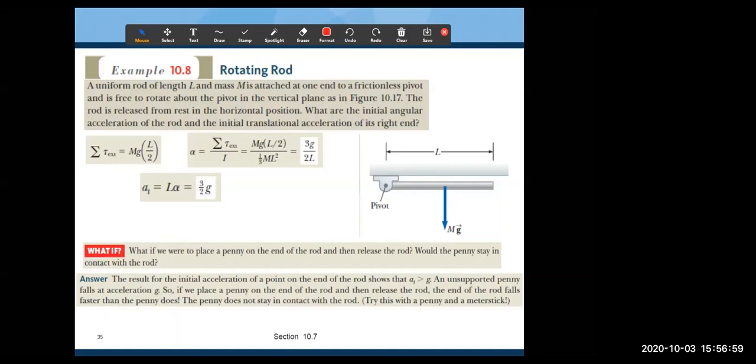Here, it is not free fall because it is under the influence of the pivot. It cannot fall as a free object, but it has to rotate. So what would be the corresponding motion of the rod? And in particular, what is the corresponding motion of various points of the rod?